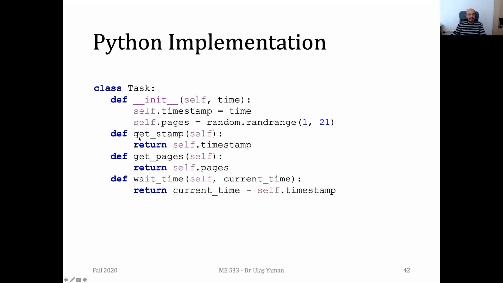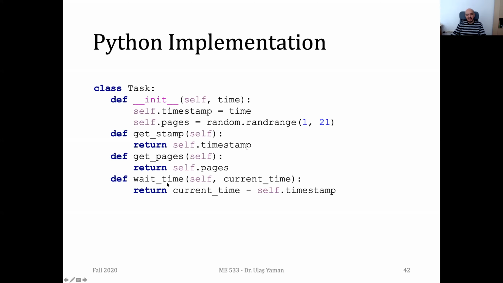And then we have some get operations. We get the time value with the help of the get stamp operation, and we get the number of pages with this get pages operation. And lastly, we have an important operation for this task class. We calculate the waiting time. And you should call it once this task is actually submitted to the printer.